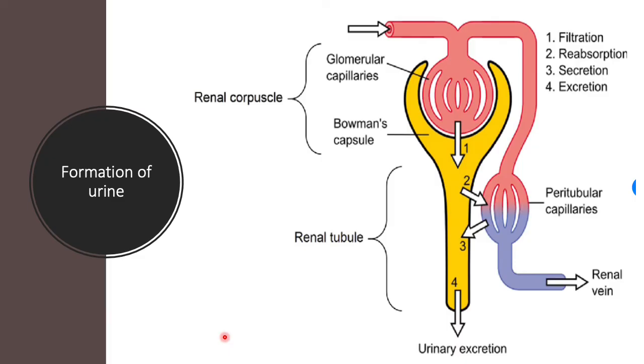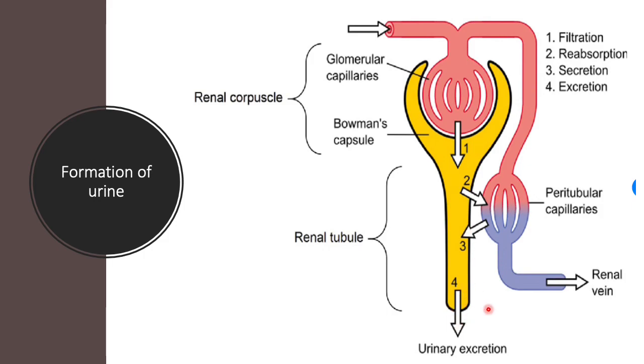By the process of reabsorption and also secretion, the renal tubule modulates the volume and the composition of the urine. That is very important. So reabsorption and secretion modulate the formation of the urine.